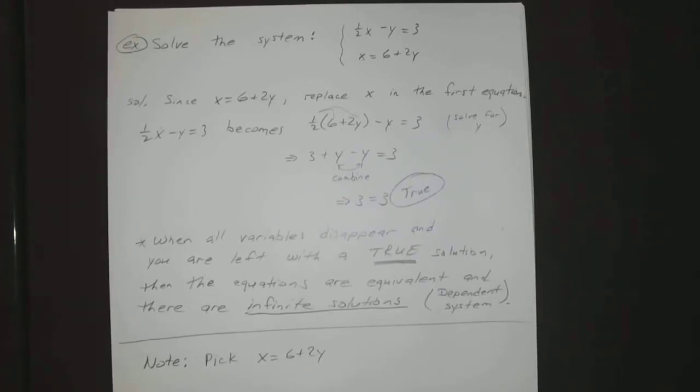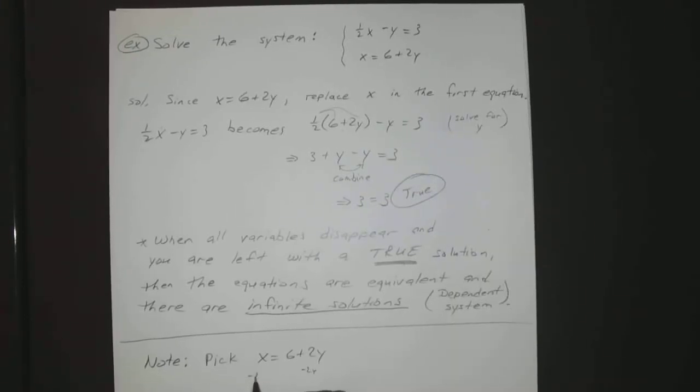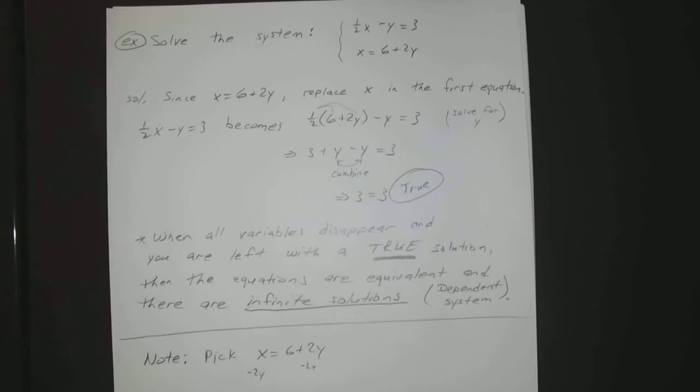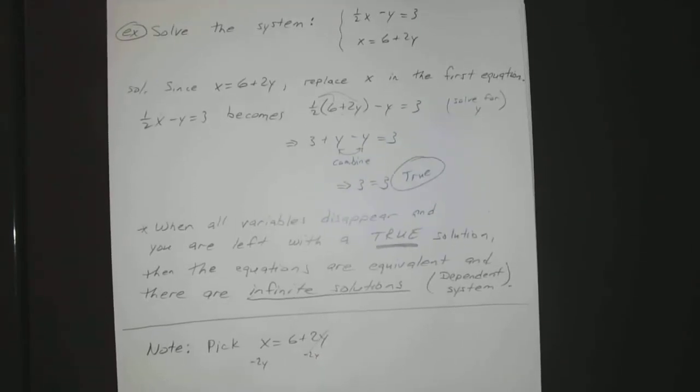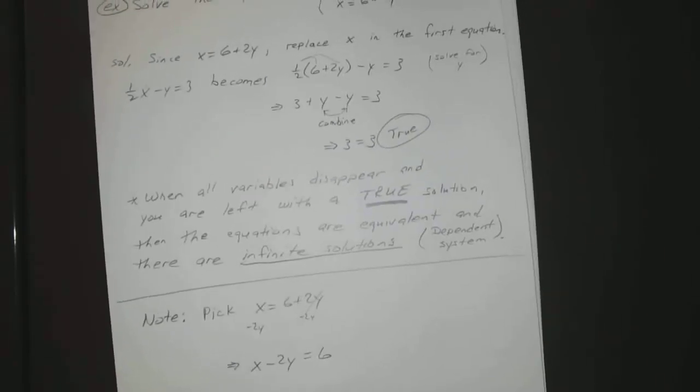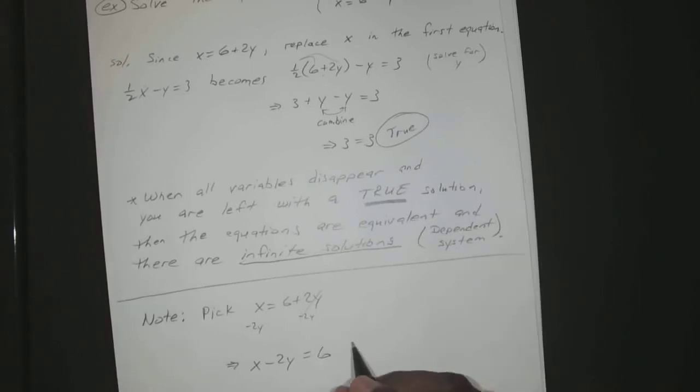If we subtract 2y on both sides, it gives you x minus 2y equals 6. So what if we divide each of those terms by 2 or multiply them by 1/2?